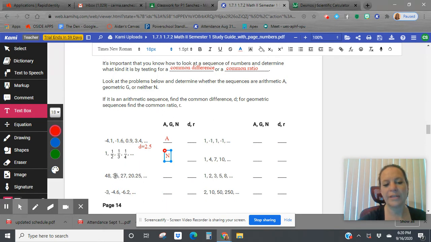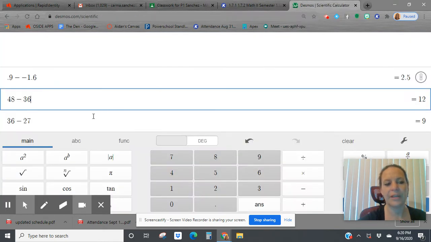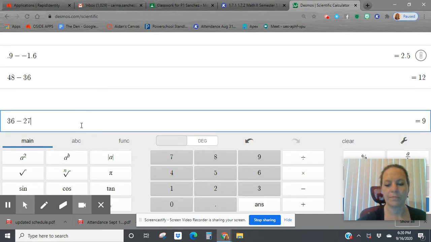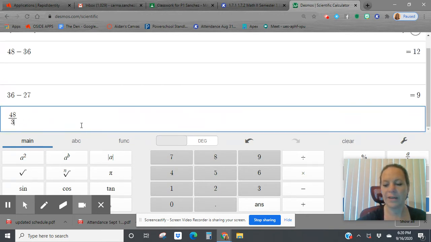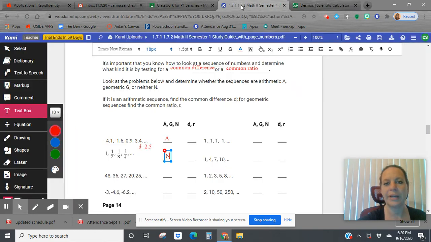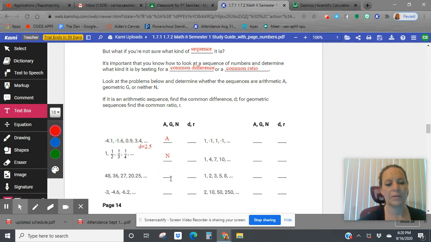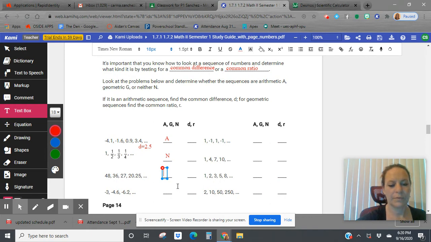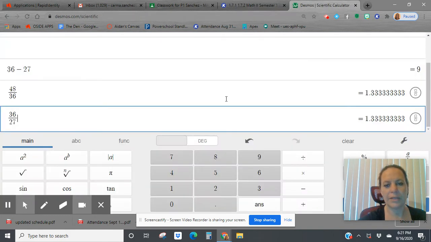Let's try 48 divided by 36 and 36 divided by 27. 48 divided by 36 is a 1.3, and 36 divided by 27 is a 1.3. So this one does have a common ratio. So this is geometric. And let's look at that ratio again.